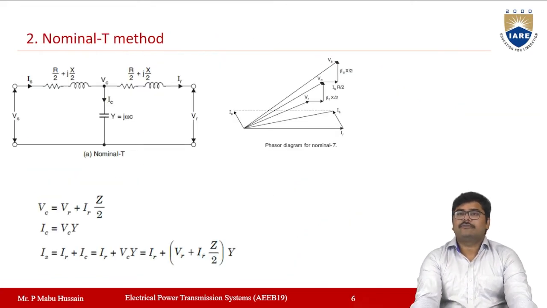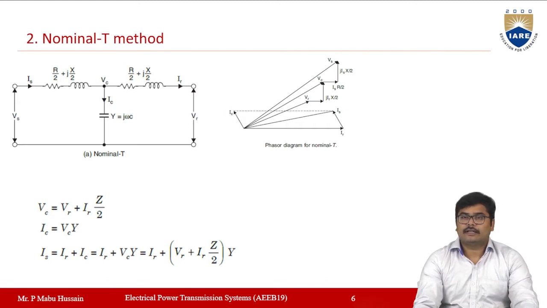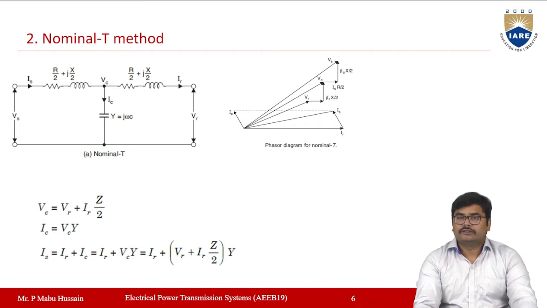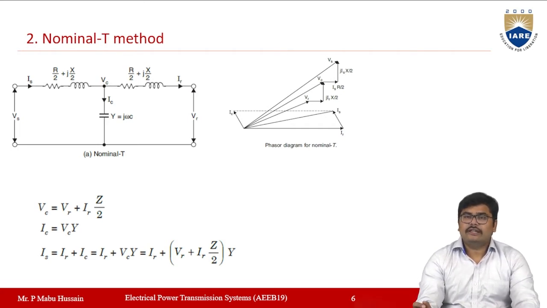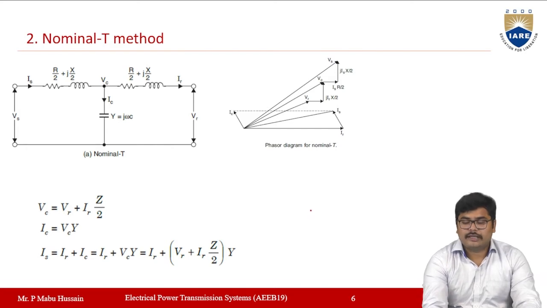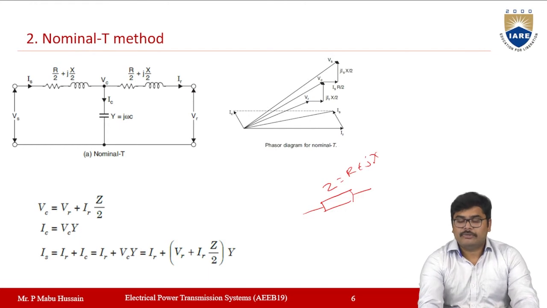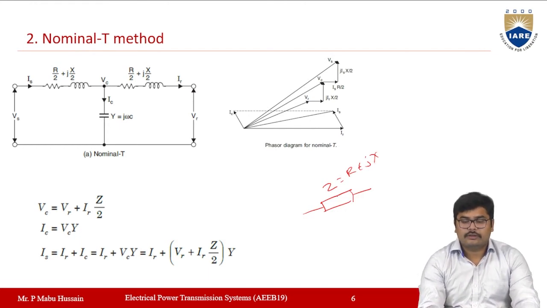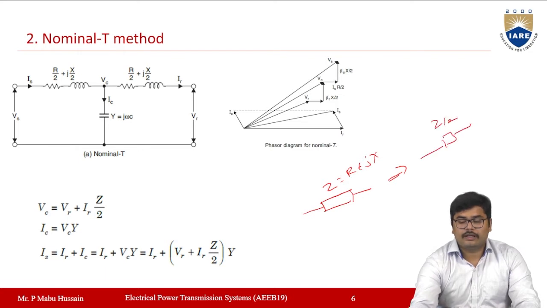Then let us see the nominal T method. In the previous case, the end condenser method, the total capacitance is kept at the receiving end, at the load. Now in the nominal T method, the total series impedance of the line, Z, which is equal to R plus jX, is divided into two halves, Z by 2 and Z by 2.